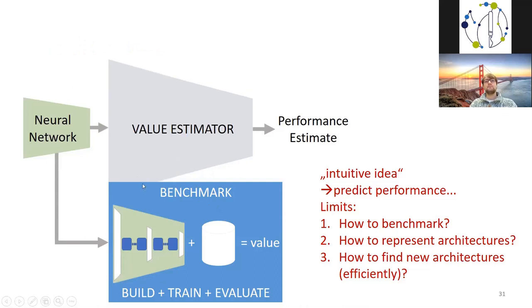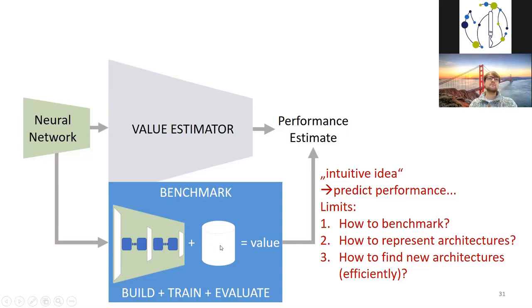But I guess we can just introduce a benchmarking task, and then we can just benchmark with data, and using the architecture from the left side, we can just build, train, and evaluate that architecture. Then we get performance estimates. So that is doable, I guess, but it has to be efficient, right?